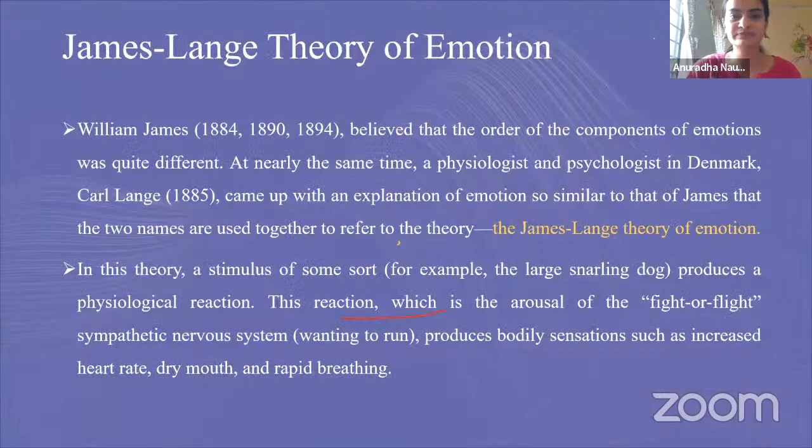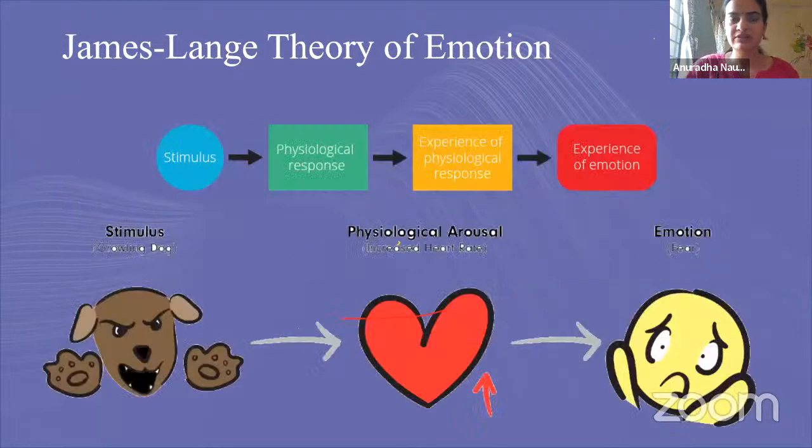So James and Lange said that there will be a physiological response, and then there will be the experience of emotion. They said this will happen one after the other, not together. So you'll see a dog, your heart rate will increase, and then you'll experience fear. So this was the James-Lange theory.